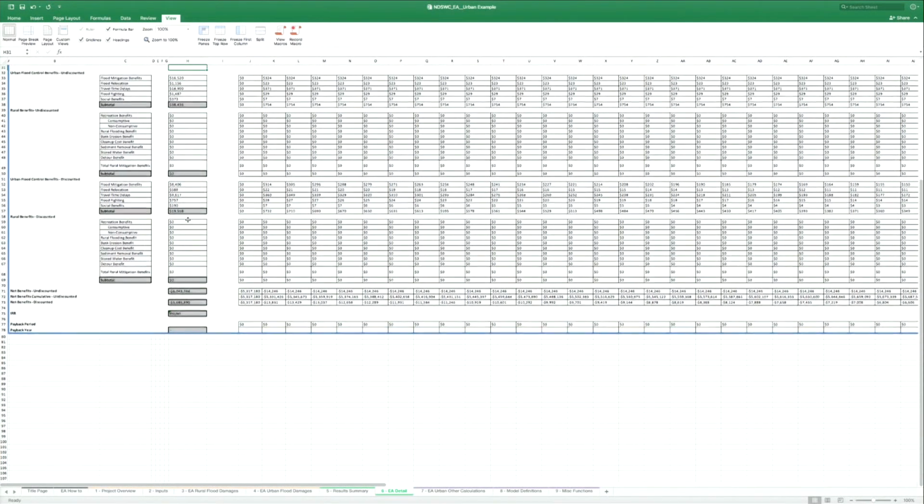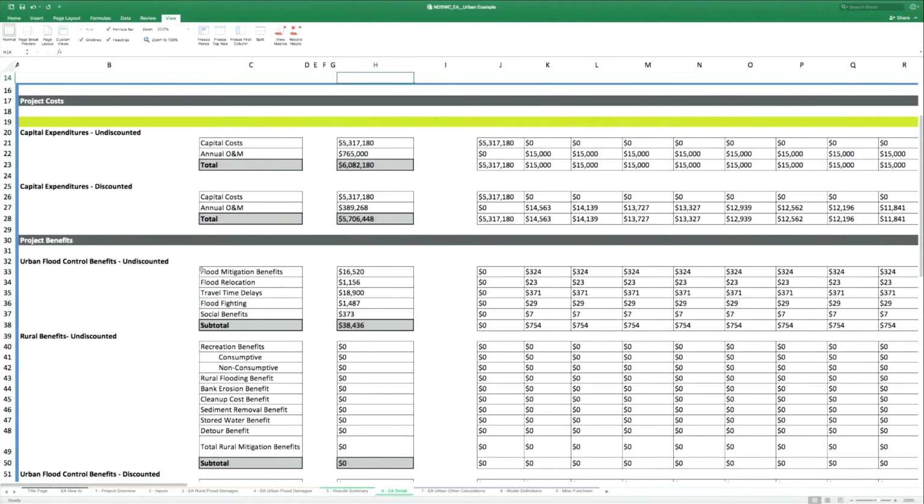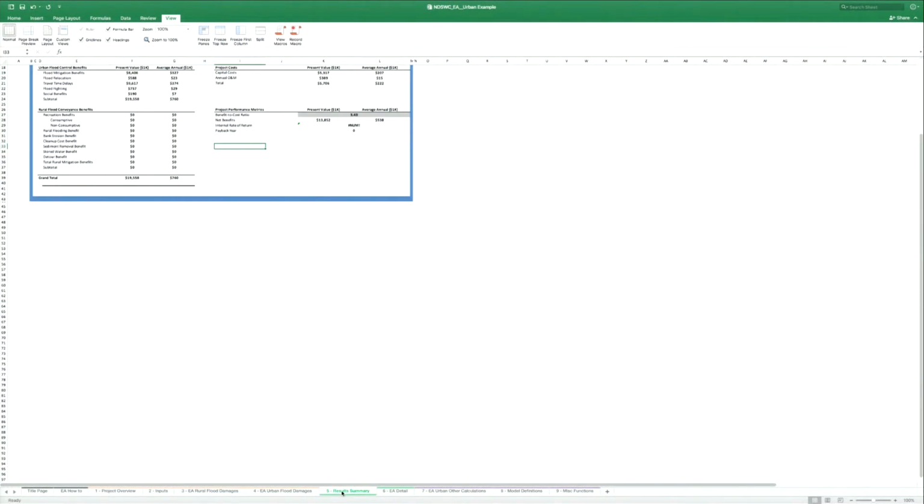to your results worksheet, and I'll zoom in on this here. Okay, so flood mitigation benefits, a total of 16.5 million over the life of the project. Total benefits, flood fighting, social benefits, travel time delays come out to be 38 million. This, again, gets pulled over to the results summary.